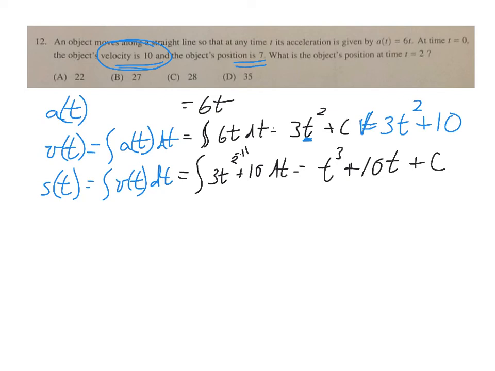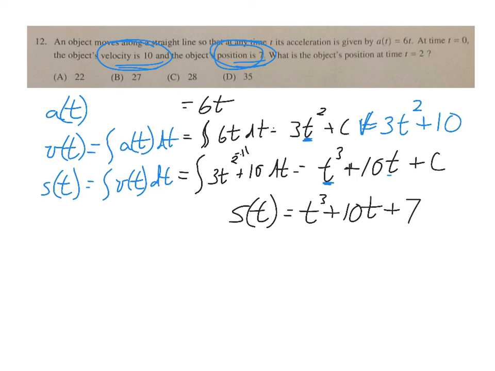But again, we were told at time equal to 0, the position is 7. So if time is 0, then the position is 7, so c is going to be 7. So my position equation becomes t cubed plus 10t plus 7.